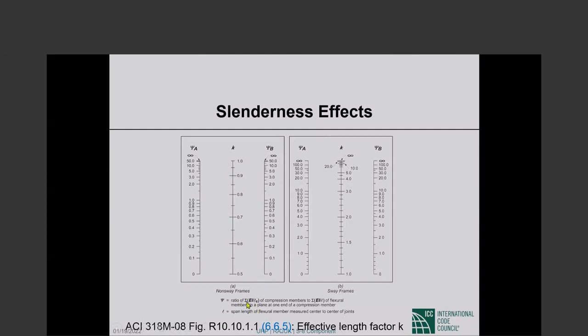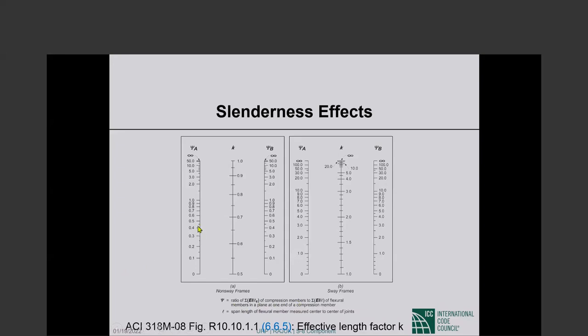Okay, the ratio of EI over L of compression members to EI over L of flexural members. So you will take the column stiffness to beam stiffness ratio at both ends, and depending upon the values, the psi A and psi B.